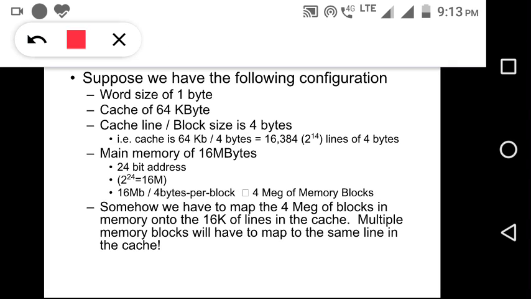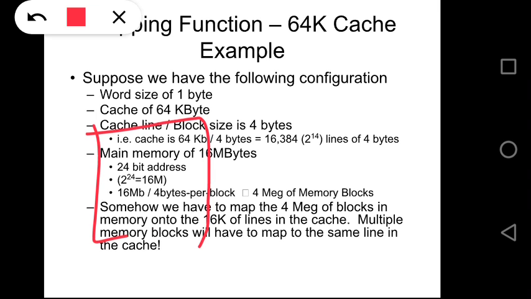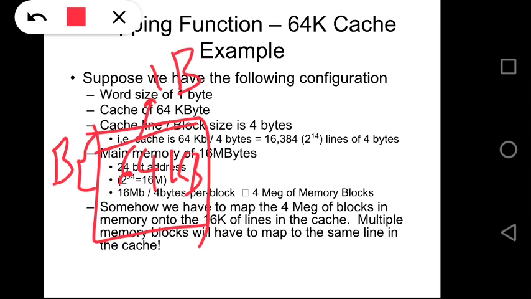And next, I have a cache memory of 64 KB and the size of one word is 1 byte, and the block size. Here the important concept is that some memory words are grouped into blocks, so it is important to know the block size. Block size is 4 bytes.